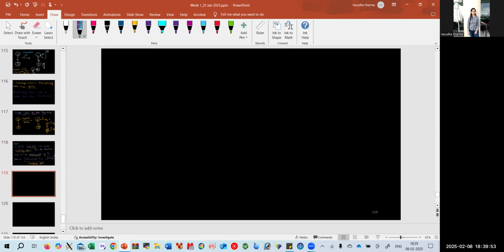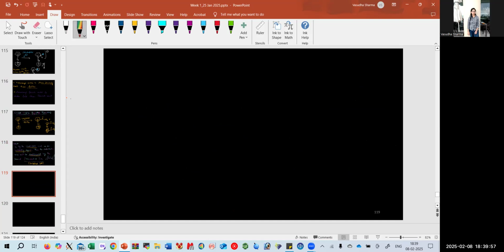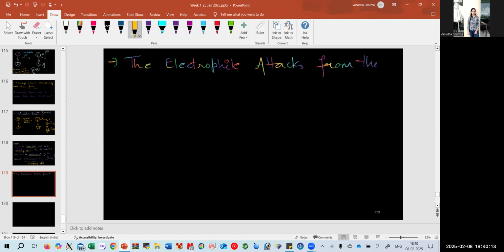Another point that we have is the electrophile always attacks from the exo direction to avoid steric hindrance.